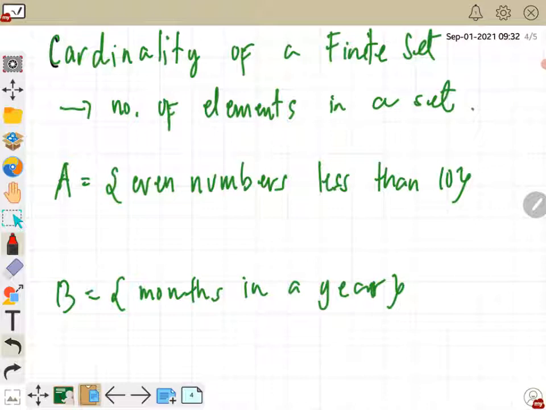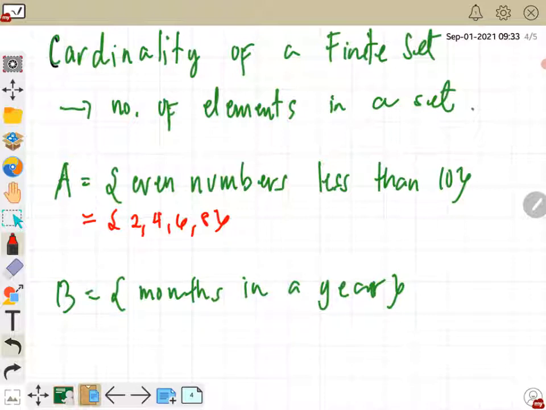So we have here set A, the set of all even numbers less than 10. So if you're going to list it down, we simply have 2, 4, 6, 8, and this one gives us 4.